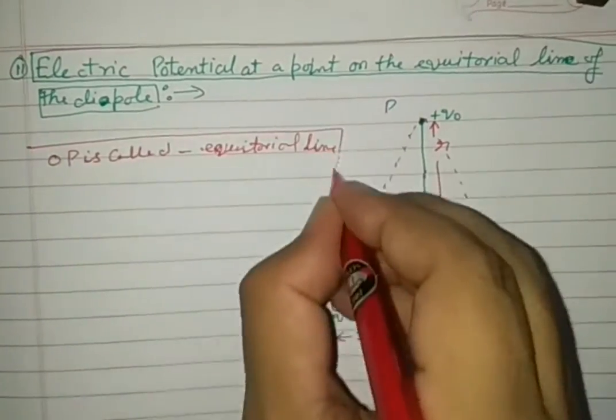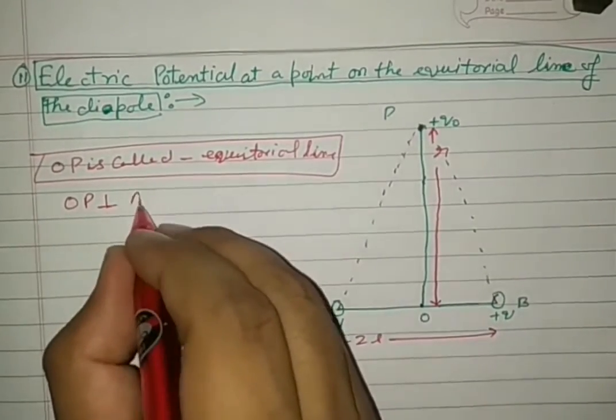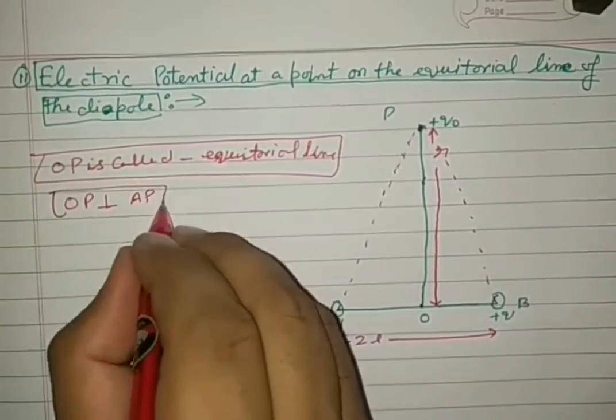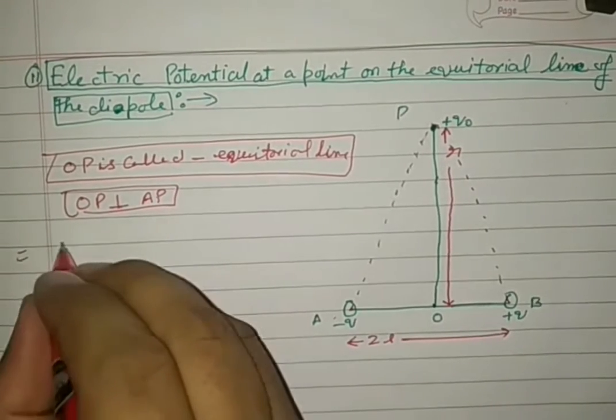See carefully, this OP is perpendicular on AB. It is also called the broadside on position.